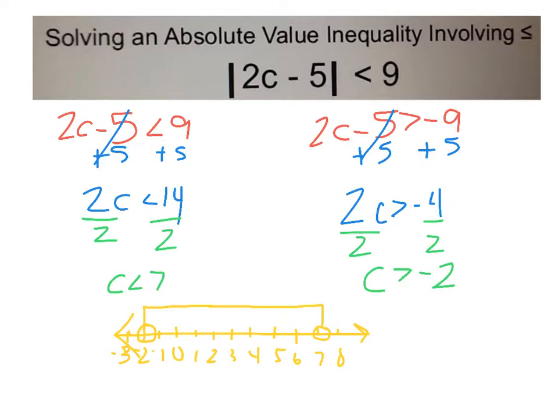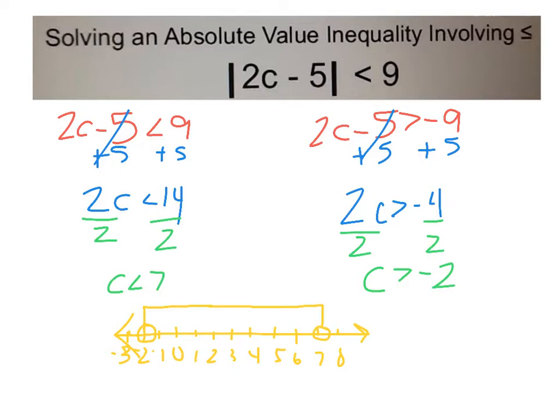Okay? So process hasn't changed. Once your absolute value is alone, write two separate inequalities, one with the positive, one with the negative. When you go to the negative, you must flip your inequality symbol. And these problems should run together. Now, if they don't go together, that's a good indication that you probably made a mistake. So remember that as well.